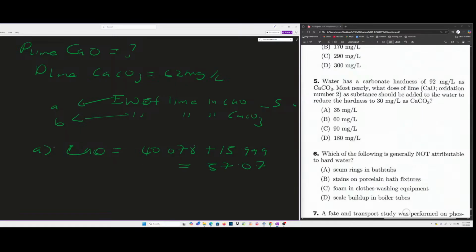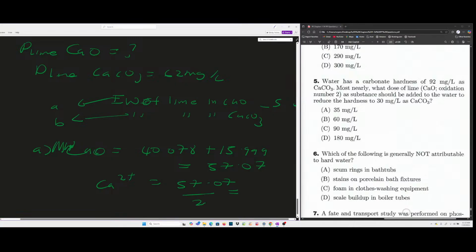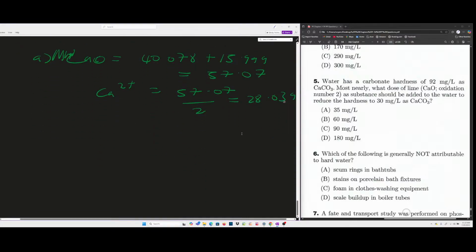That's the molecular weight of CaO. Divide by the oxidation number, calcium is 2 plus, so 57.07 divided by 2 is equal to 28.039. So now we have the equivalent weight of CaO.